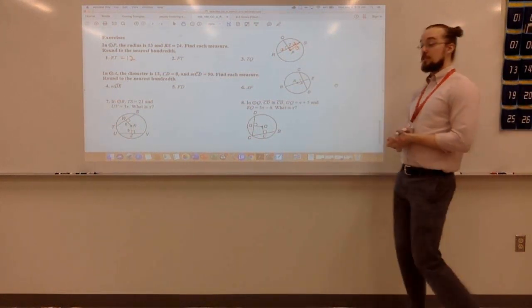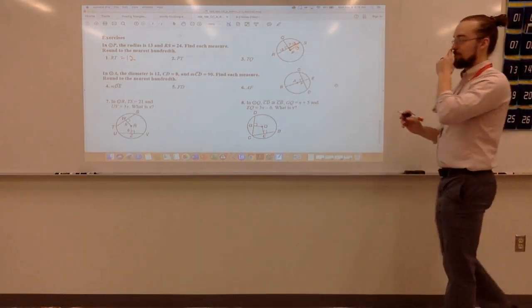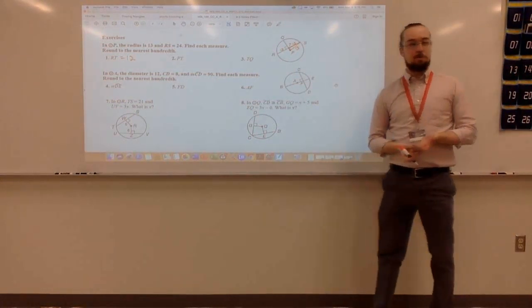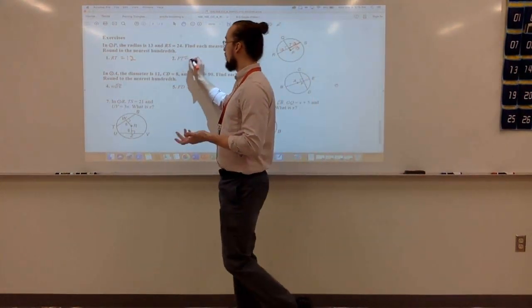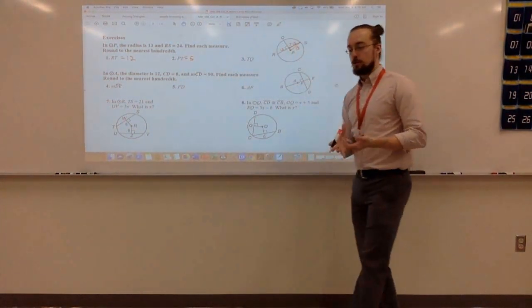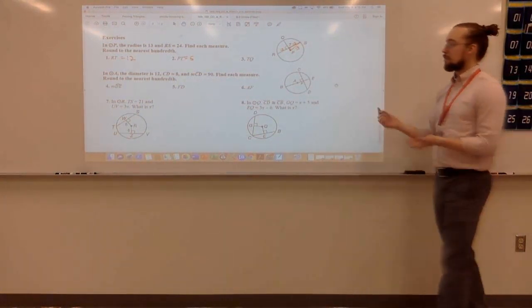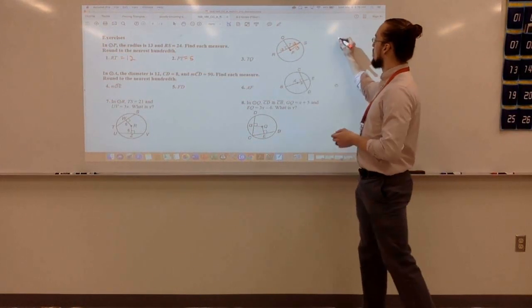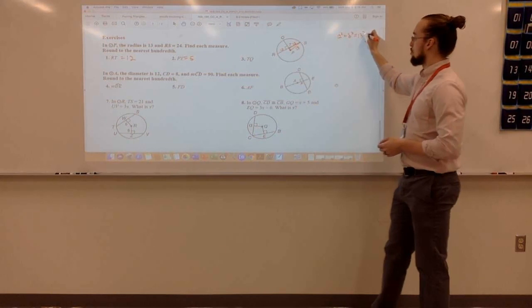This is a Pythagorean triple. 5, 12, 13 is one of our Pythagorean triples. So PT would be 5. But again, if you don't remember the Pythagorean triples or don't recognize that, you can always use the Pythagorean theorem. So we could set this up as 12 squared plus b squared equals 13 squared.